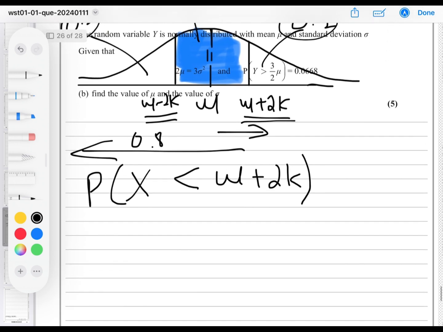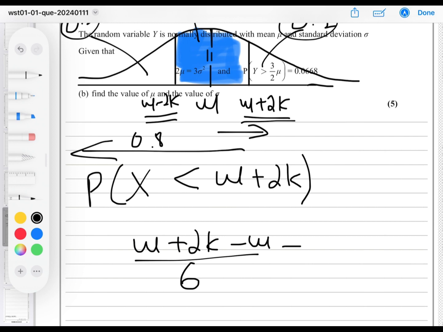Converting this into z-score, this will be mu plus 2k minus the mean upon the standard deviation, which is 6 here, equals the area. So the area on this side is 0.8.